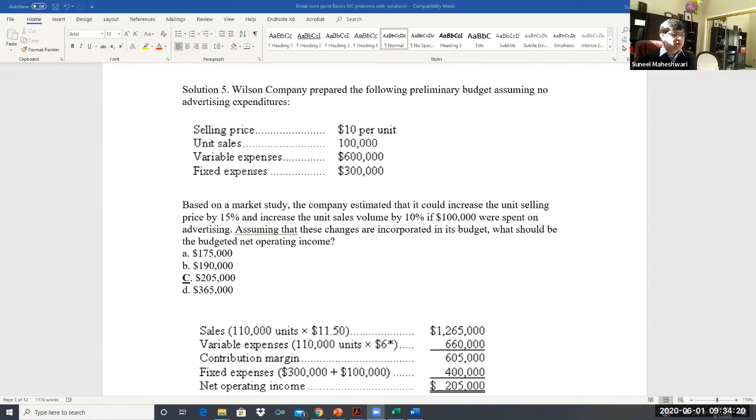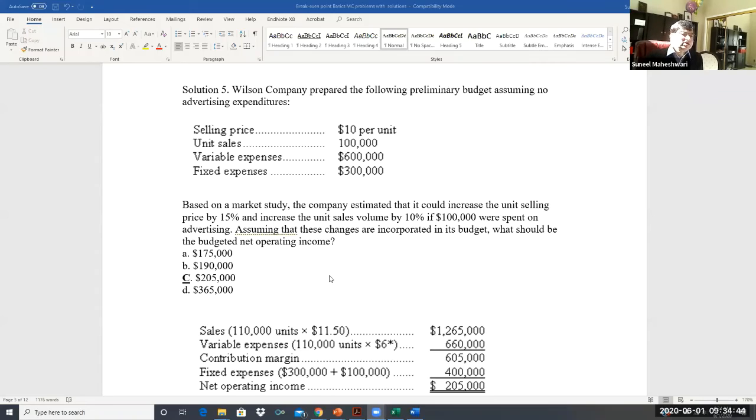So in this case, what we are doing is what we call a sensitivity analysis, and it refers to some change that has been made and what impact that change has on the income.